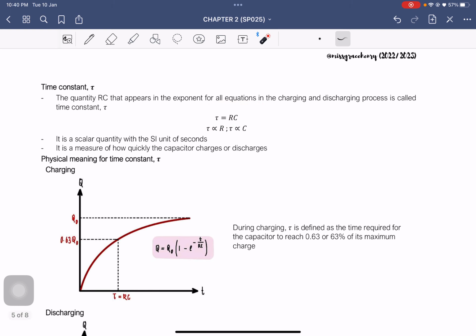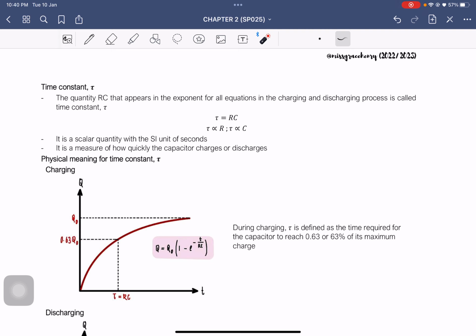Okay, so time constant is directly proportional to the resistor as well as the capacitance. So kalau the resistor is higher, the time constant would be higher as well, similar to capacitance juga lah. Kalau dia tinggi, the time constant pun tinggi. Macam tu.